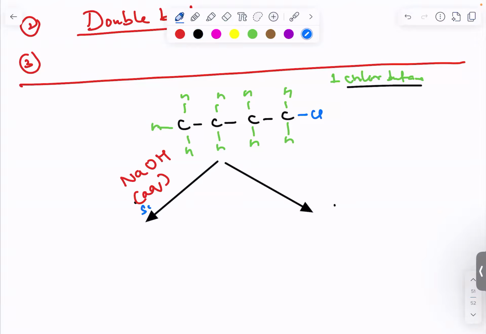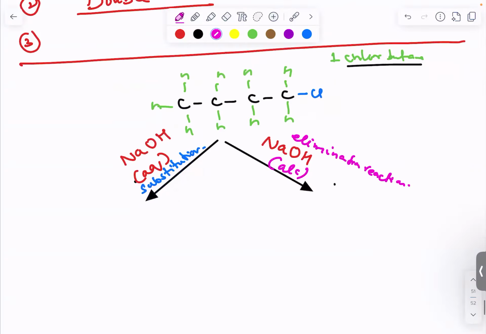This would be a substitution reaction. And if I again take sodium hydroxide, but this time if I am going to take alcoholic, then this would be an elimination reaction. Elimination reaction.